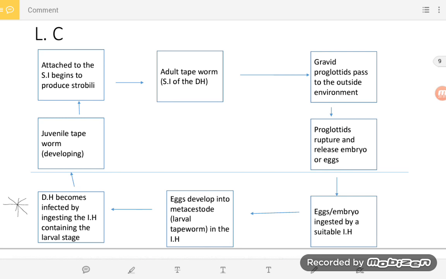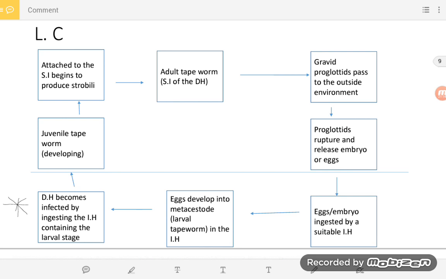The proglottids rupture and release embryo or egg. So after release from the strobili segments, these gravid proglottids are passed with the stool to the outside environment.